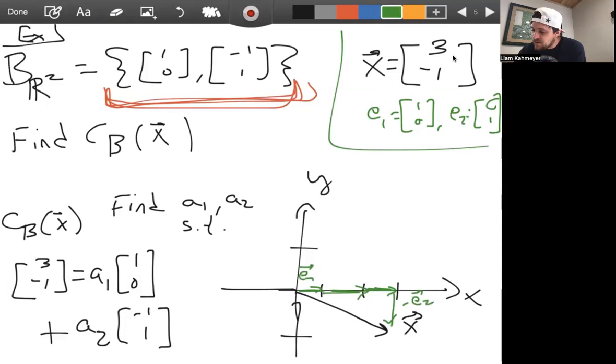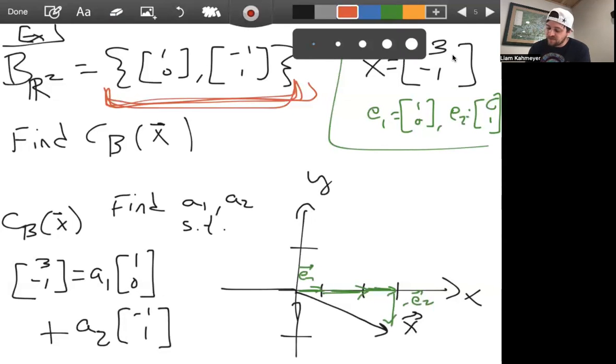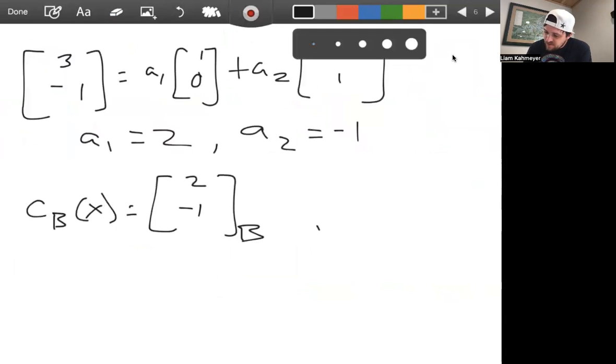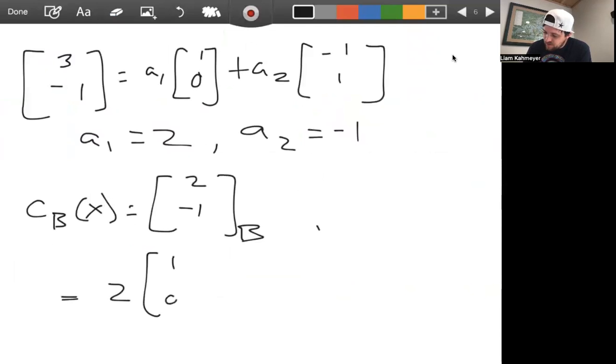What does this mean in the new basis, right? In the new basis, the first vector is still e1, but the second vector is (-1, 1). So let's go back 1, up 1. So let's call this v1 and v2 here. So this would be v2, right? And what we're saying now is the vector X is described as 2 copies of (1, 0) plus -1 copy of (-1, 1), right?